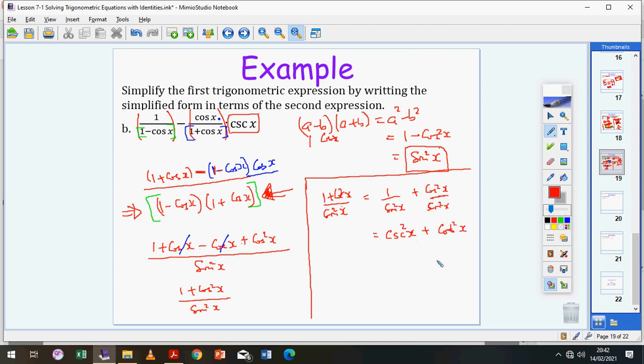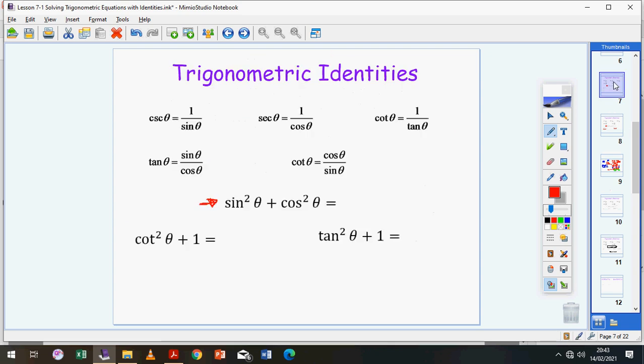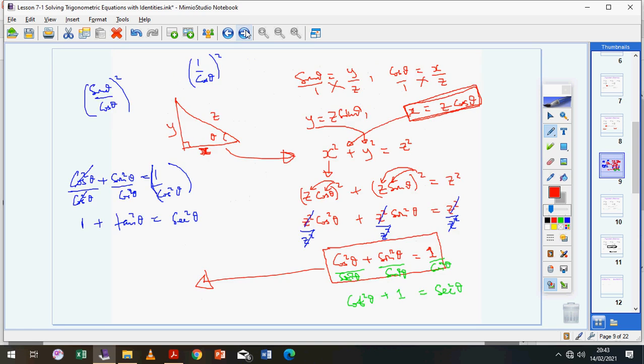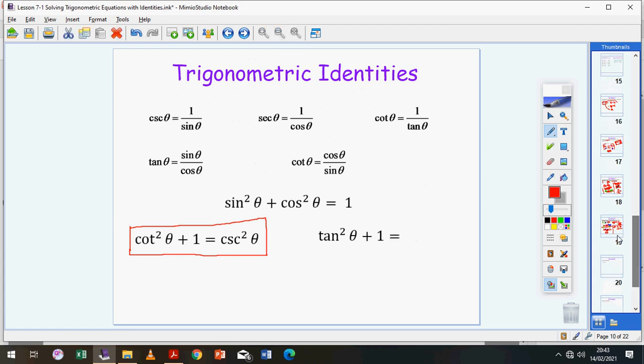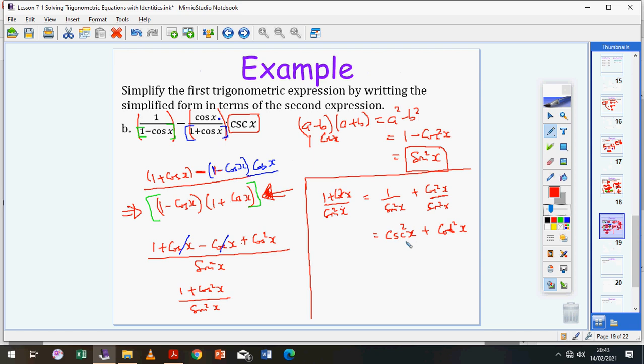Now, taking you back to the trigonometric identities, and again, after you've done them several times, they will become second nature. Which of those identities can I use? I hope you see that this one says cotangent squared x plus 1 is equal to cosecant squared x. So where I'm at here, I have cosecant squared x plus cotangent squared x. They want me to write this whole expression in terms of cosecant x.